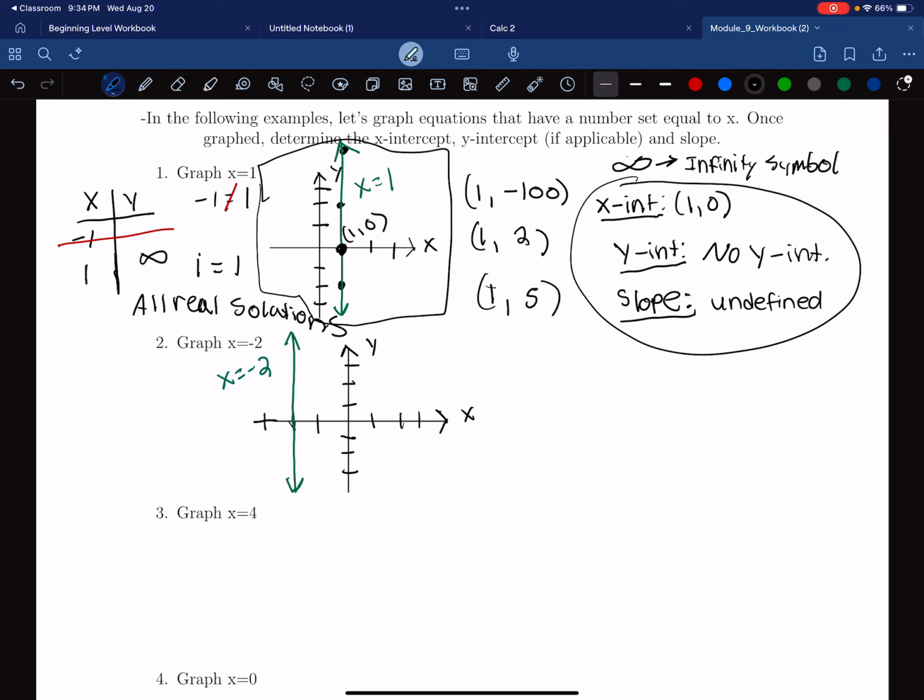So let's see, does this graph have any x-intercepts? It does, at the point (-2, 0). What about any y-intercepts? This graph does not have any y-intercepts. No y-intercepts.